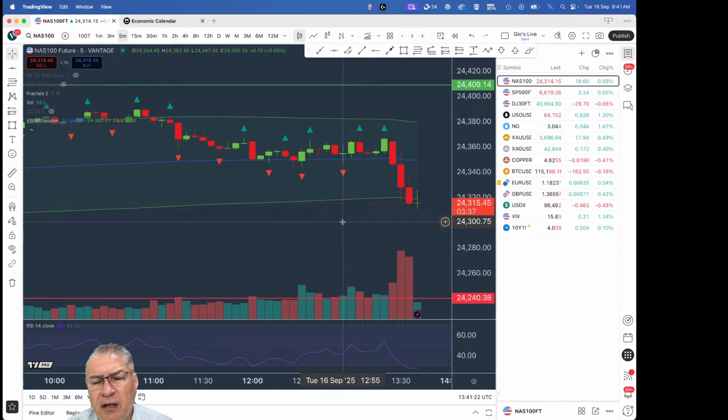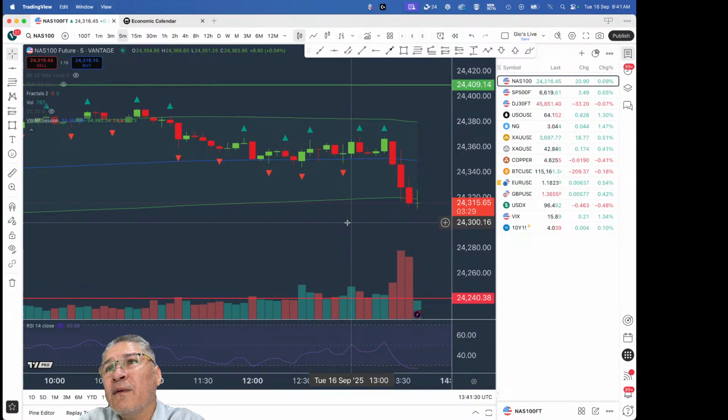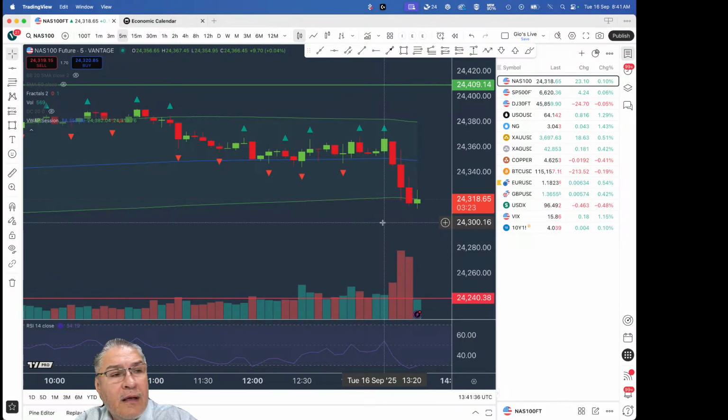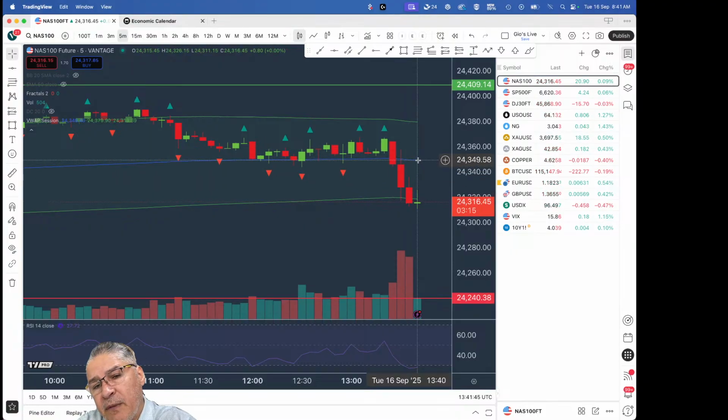340, 339. Let's see. I'm still waiting for this candle to finish and close inside my lower band so that I can enter the market long towards the BWAP being my first target.